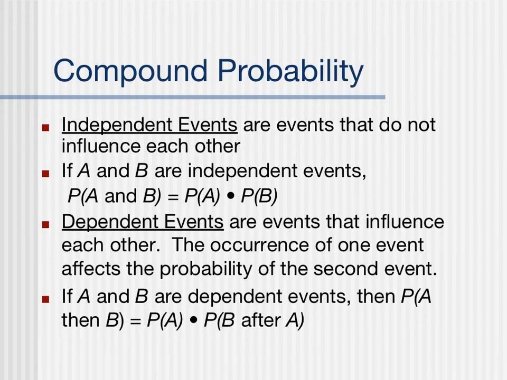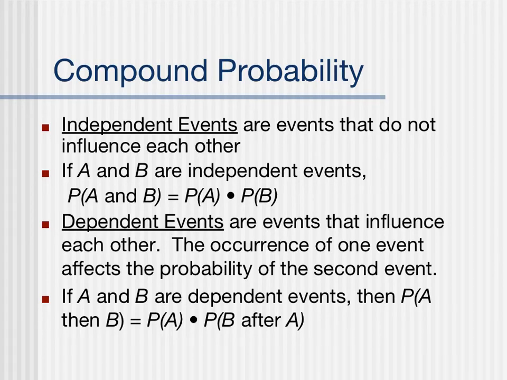So I would take that 1/2 and multiply it by the 1/6, and then the compound probability, which would be the probability that I get a heads and a 5, would be the 1/2 times the 1/6, which gives me 1/12. So I have a 1 in 12 shot of getting a heads on my coin flip and getting a 5 on my rolling of the number cube or the die.